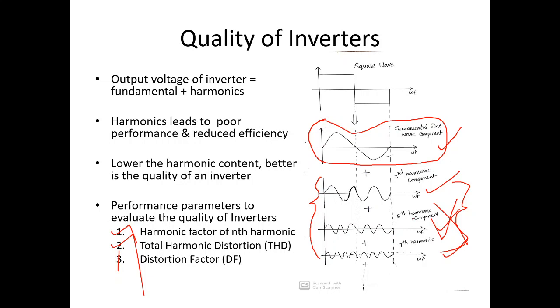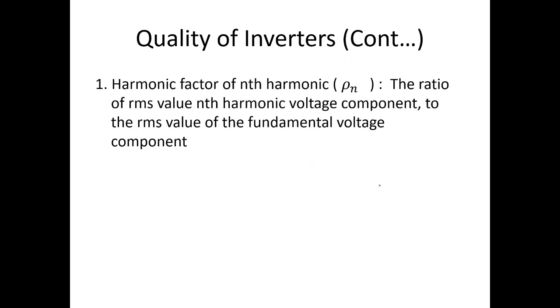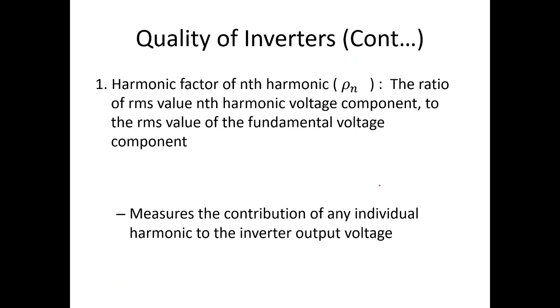If the harmonic factor for the third harmonic is very low, then what does it mean? It means this harmonic contribution is very less. So it gives us that particular information. It is a measure of the contribution of any individual harmonic to the inverter output voltage.